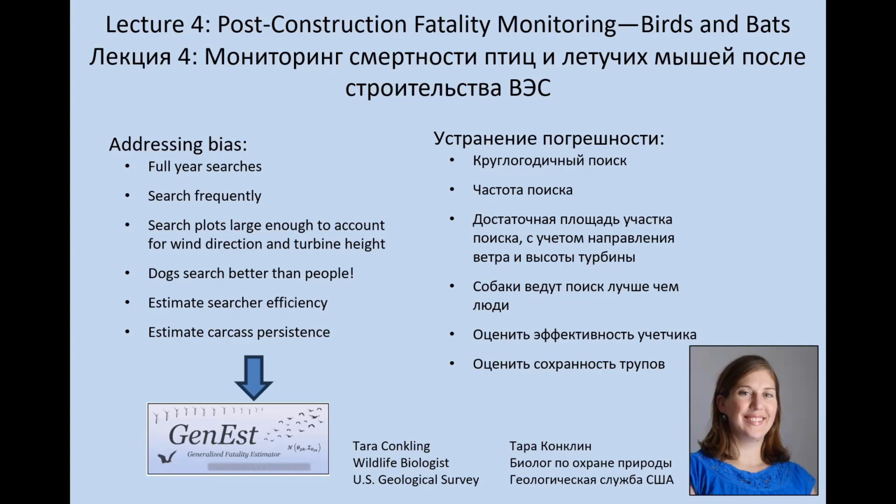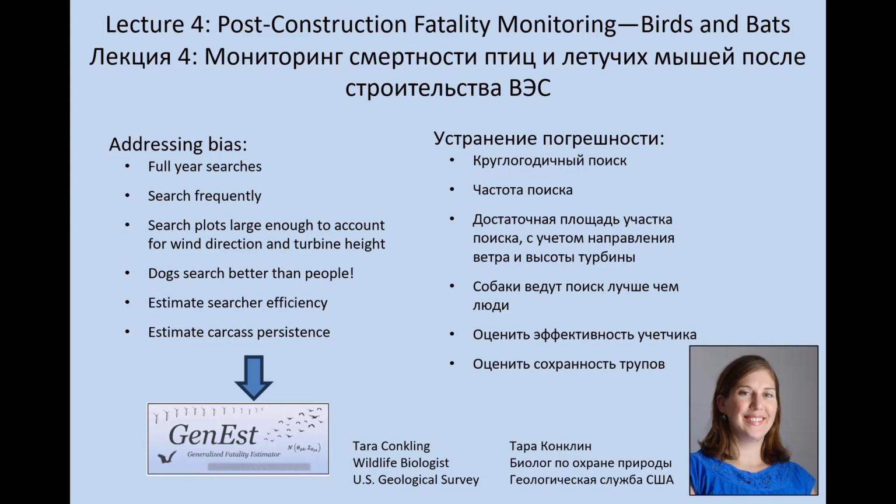There are two tools we have to do this, and both of these are really important best practices. The first tool is to design your studies very carefully. If a study is well designed, you can account for many of these biases.